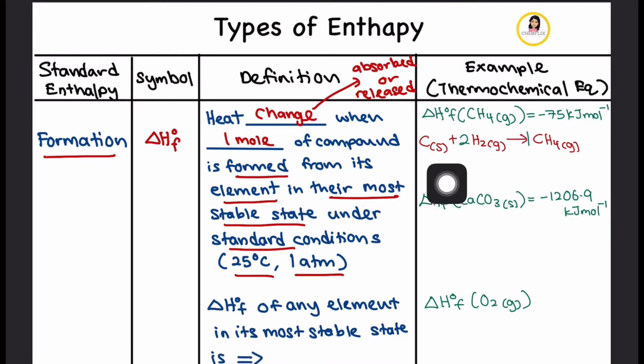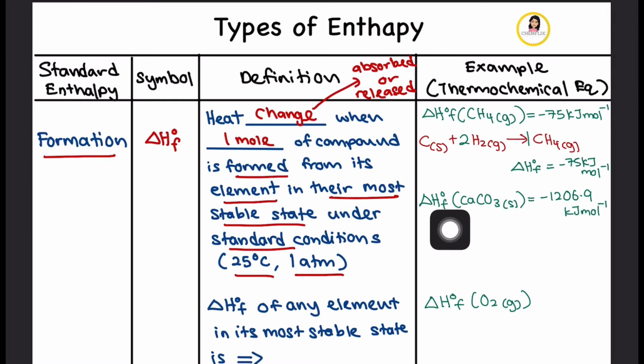Now that we have a balanced chemical equation, we can convert this into a thermochemical equation by writing the enthalpy value beside it. Since I don't have space here, I'm going to write it below. So it would be delta H formation equals negative 75 kilojoule per mole.